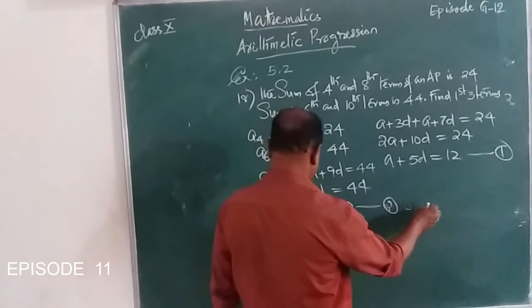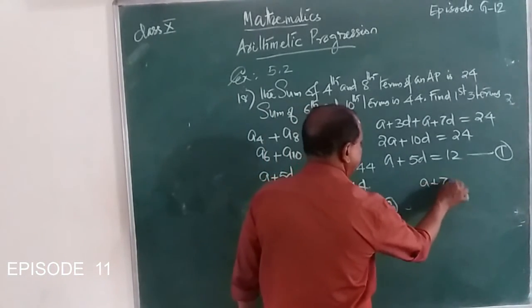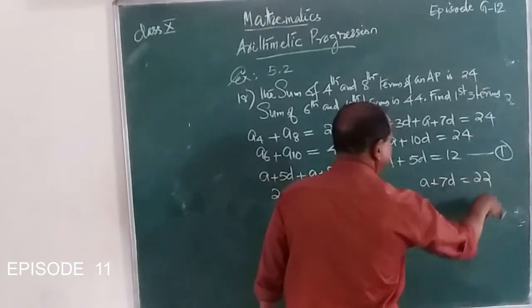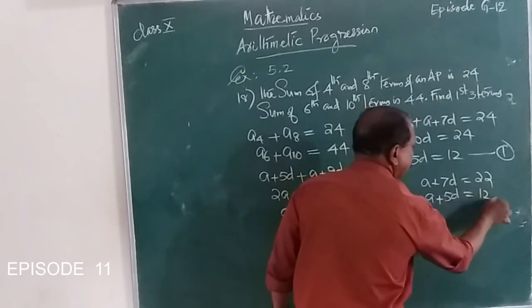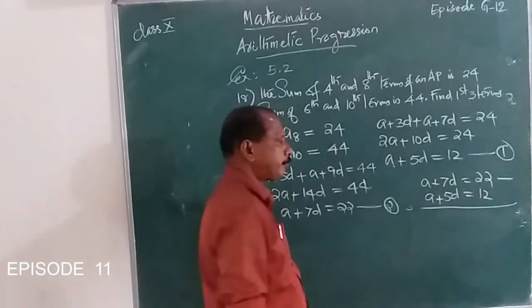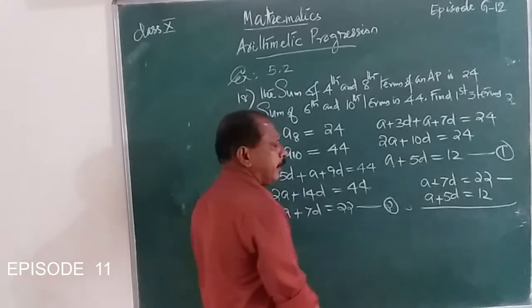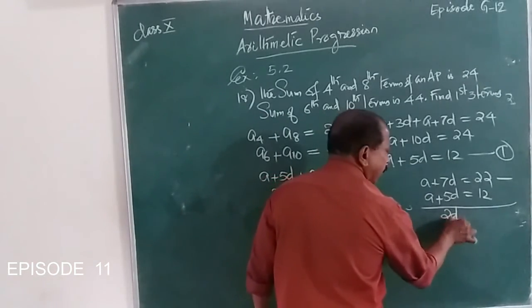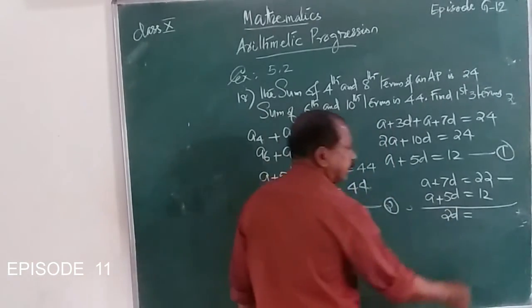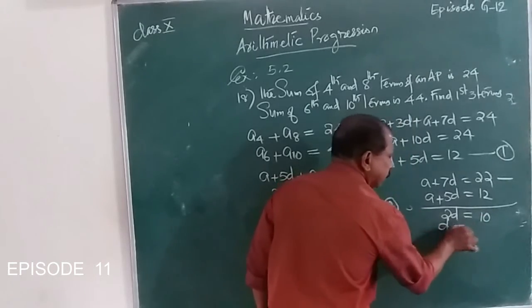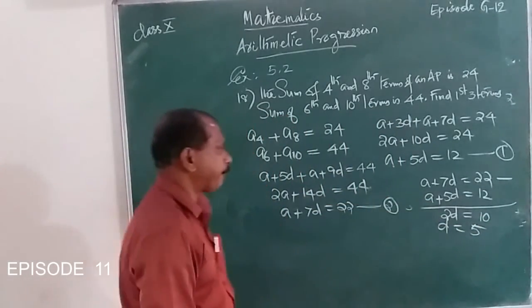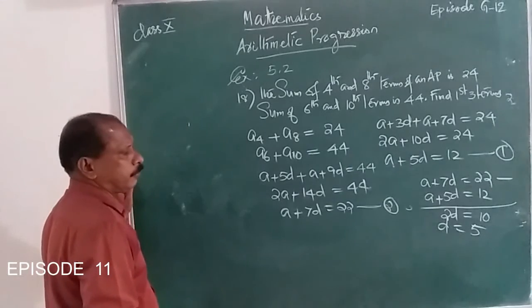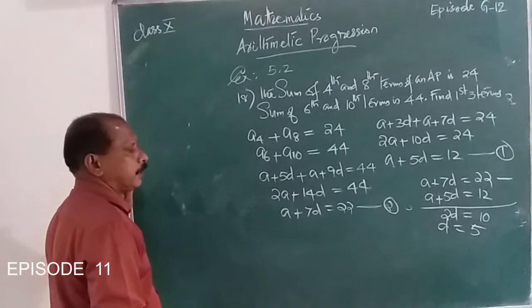Solving these two equations together: A plus 7D is equal to 22, and A plus 5D is equal to 12. Subtracting, A cancels. 7D minus 5D is 2D, and 22 minus 12 is 10.